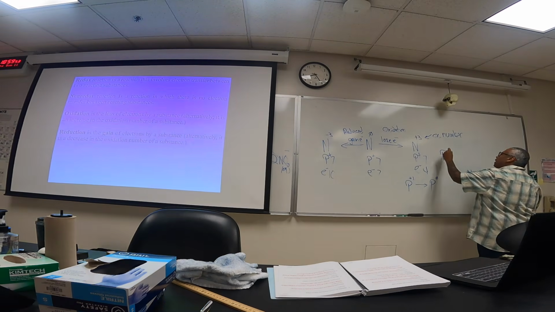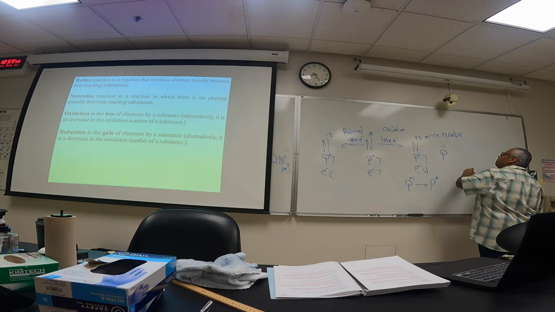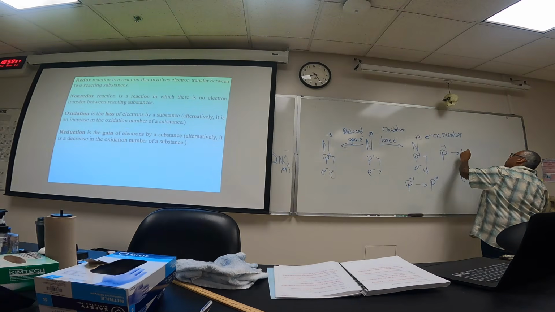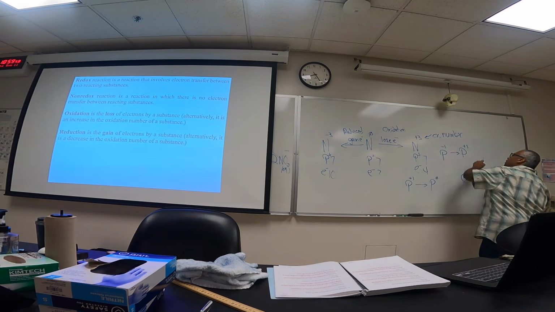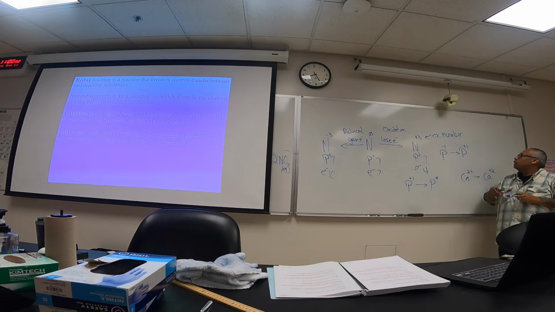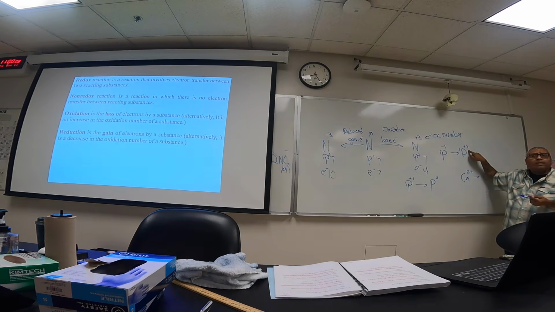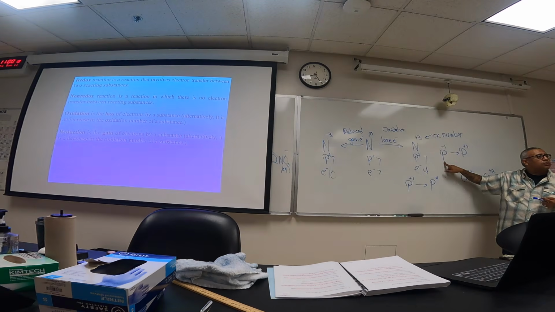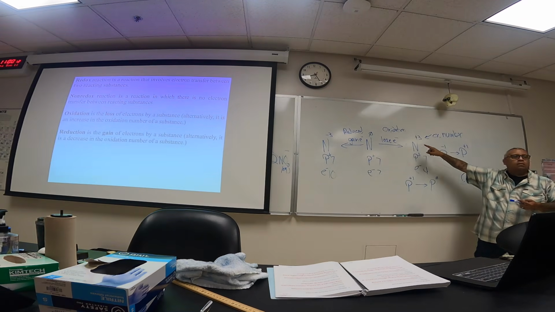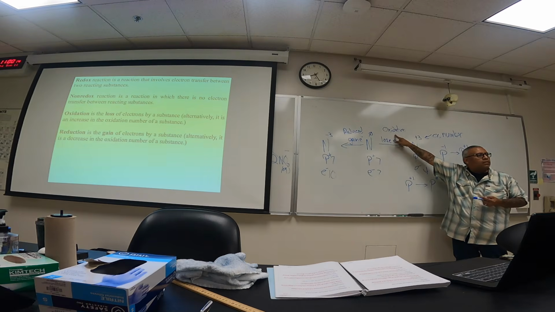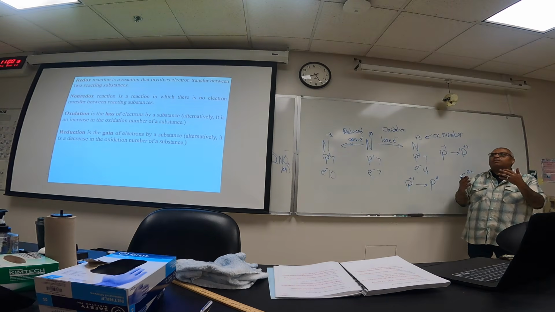If I put phosphorus -1 to phosphorus +1, did this oxidation number get smaller? No, it got bigger. So was this phosphorus reduced? No, it was oxidized. And that's just what I use.